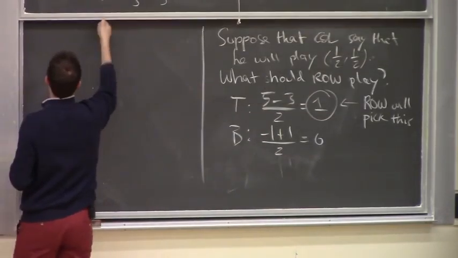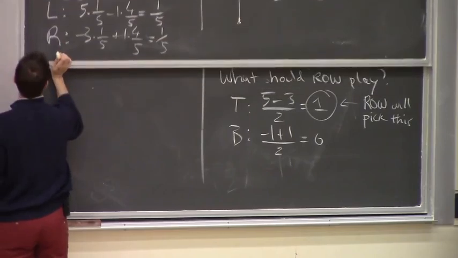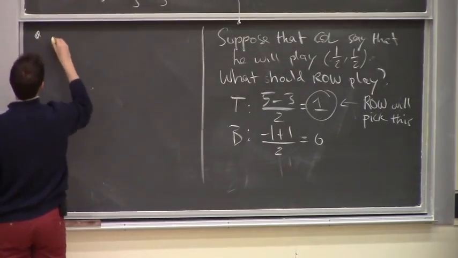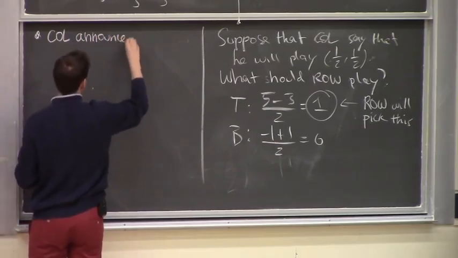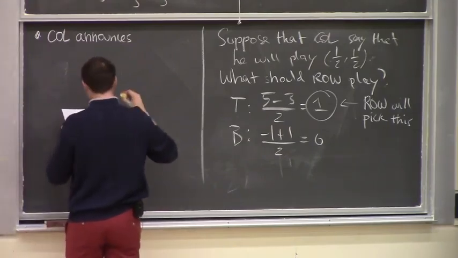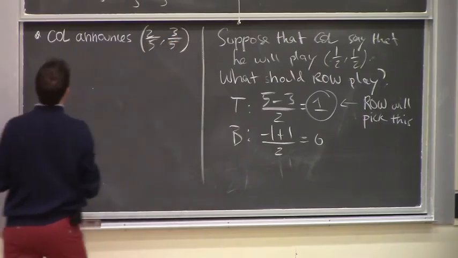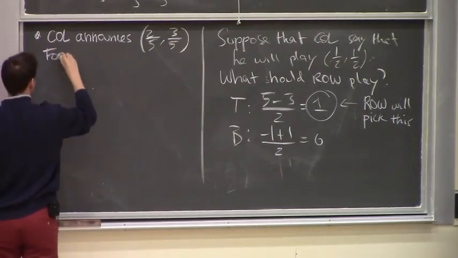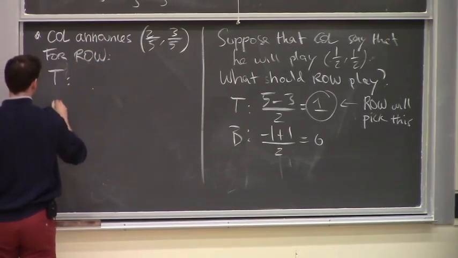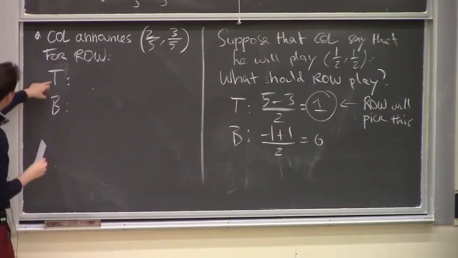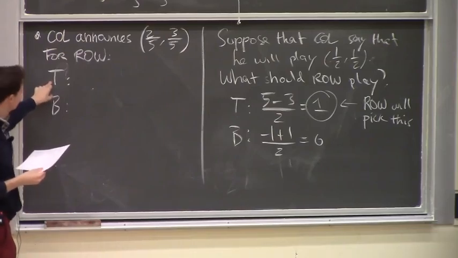All right. Now, that's for the row. Now let's say that column announces 2 over 5 and 3 over 5. For row, there are two options, either top or bottom. In the top case, it will be 5 with probability 2/5 and -3 with probability 3/5.